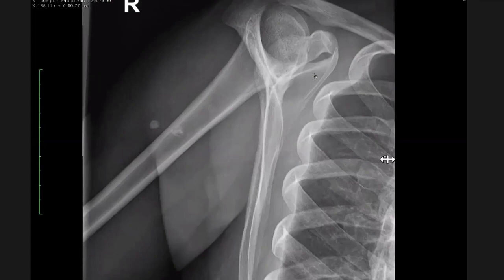One is in the muscular compartment. Another is superimposed on the humerus medullary cavity. There is no scalloping of the medullary cavity nor expansion.